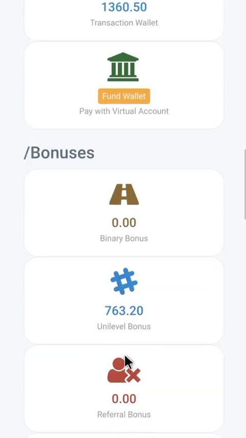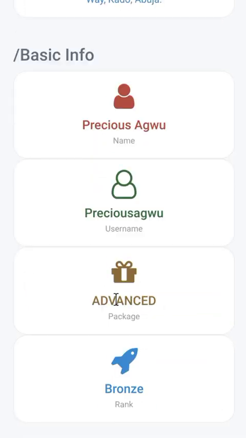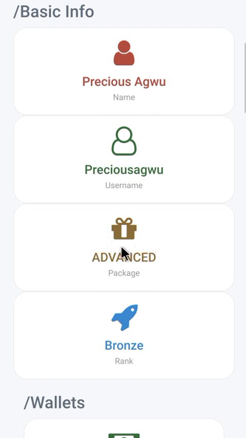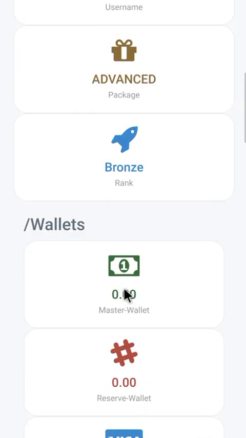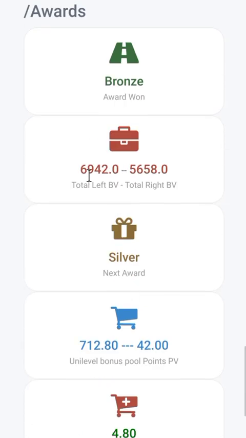As I said earlier, first, this is your package. You need to upgrade it to Excel. So this particular person here is currently on advanced. So if he's pursuing that silver, which he actually knows is his next rank, it means that this particular package here, he needs to upgrade his account to what? To Excel package. Now make sure that this particular PV is up to 11,000 PV on the left and 11,000 PV on the right.